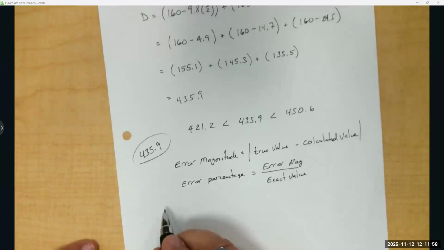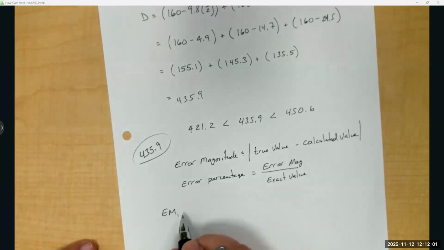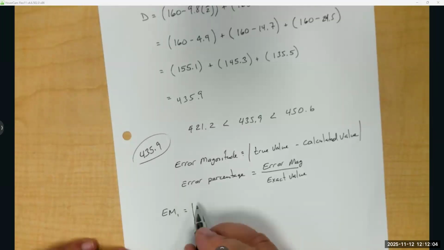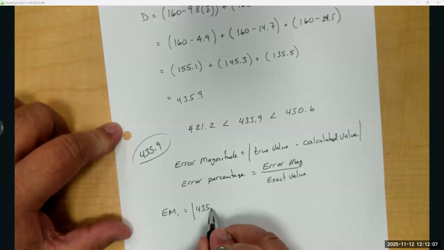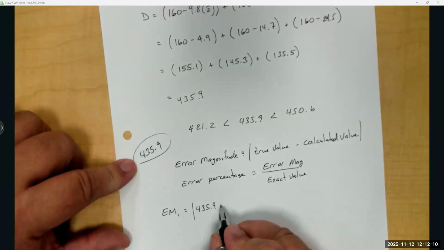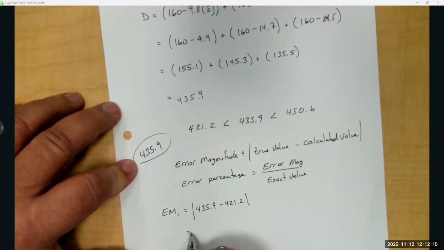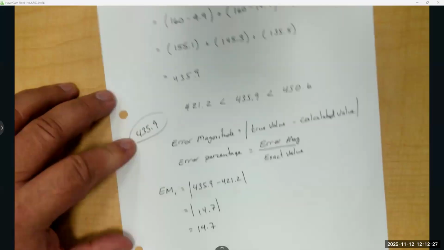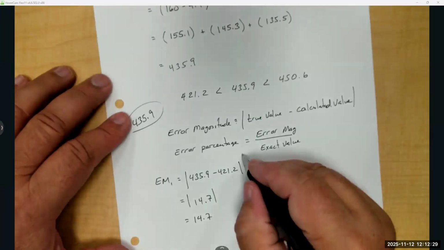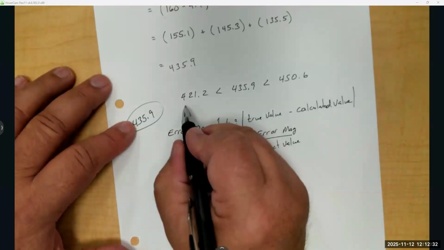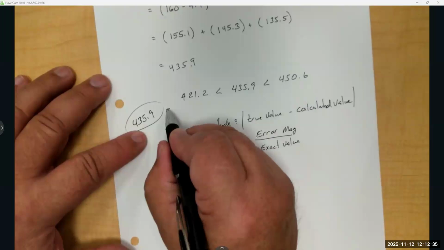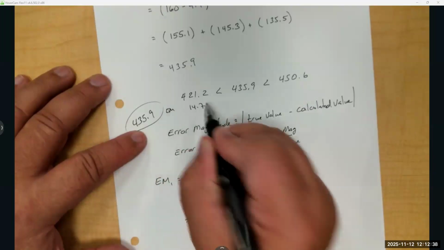So the error magnitude of the first one is 435.9 minus 421.2. That's 14.7. So the error magnitude of the first one is 14.7.